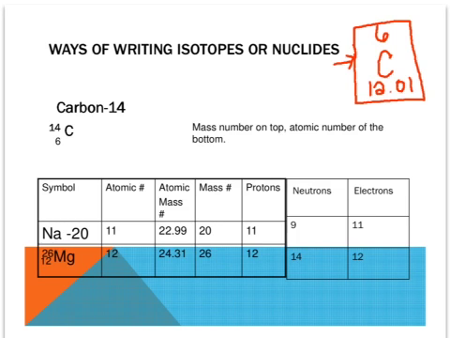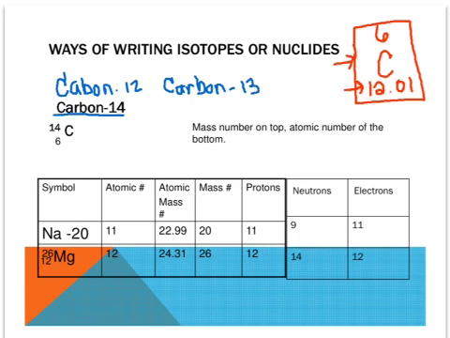You'll see that carbon has 6 protons and it has an atomic mass of 12.01. Remember what the 12.01 is. It is the average mass of all the isotopes of carbon. Carbon has many isotopes. Carbon-14 is just one of them, but there's also carbon-12 and carbon-13.